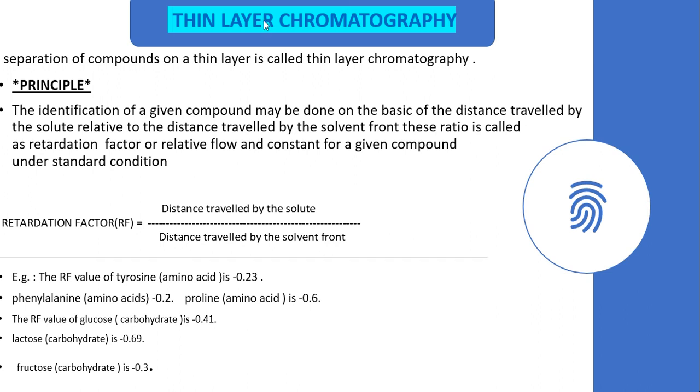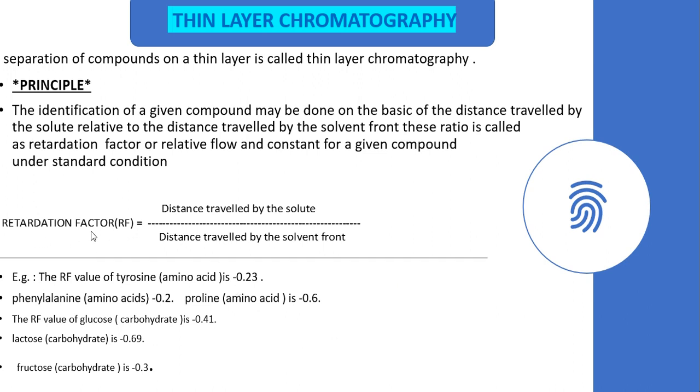In this chromatography, a glass plate coated with an adsorbent is used as a substitute for paper. In the previous paper chromatography, we used paper, but here we are using a thin layer.